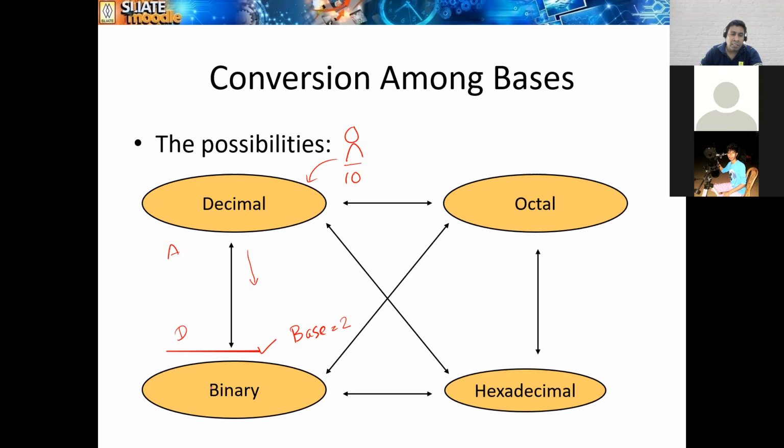If you have the binary stream, then from the binary you can encode it to other bases like octal. If you have the binary, you can convert into the octal, that is the base is 8. Then you can again convert into base 16, hexadecimal.